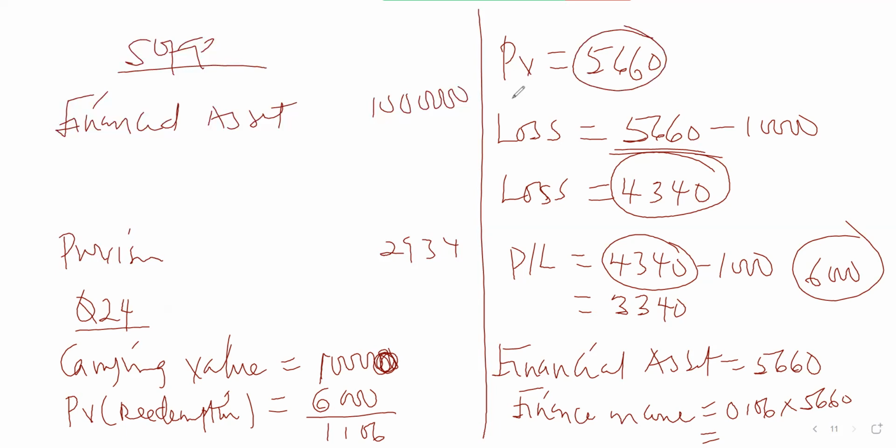Yeah, so it should have been 6,000. So in the last year, you calculate your interest on this so that if you add the two, you receive your 6,000, because they say you are not going to receive any interest again. You will receive 6,000 at the end of the life of the assets. So you just present value that.